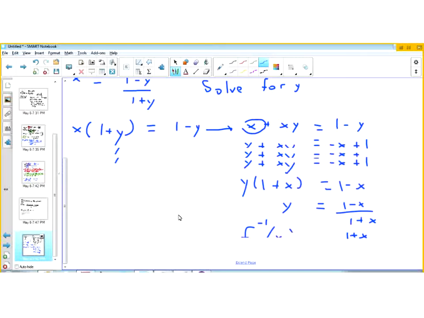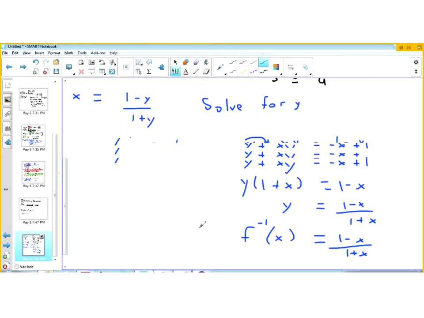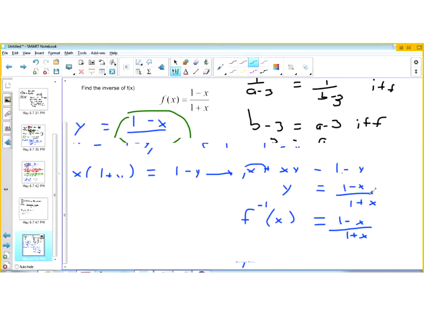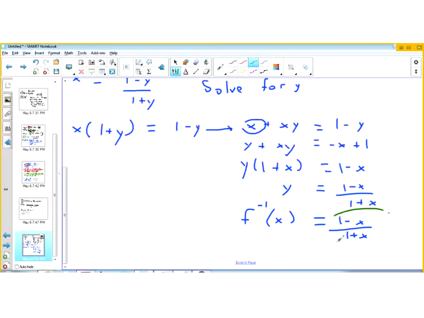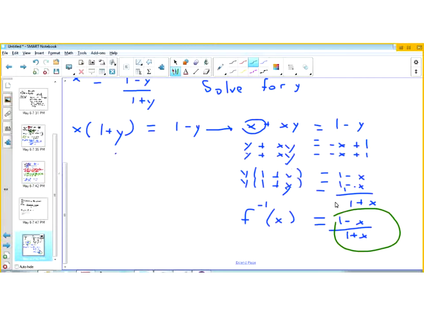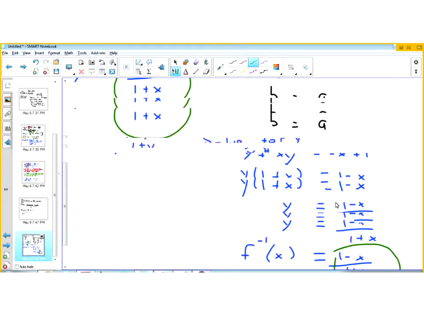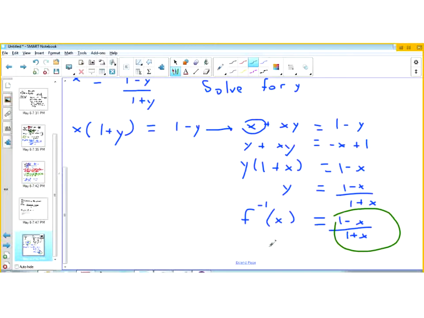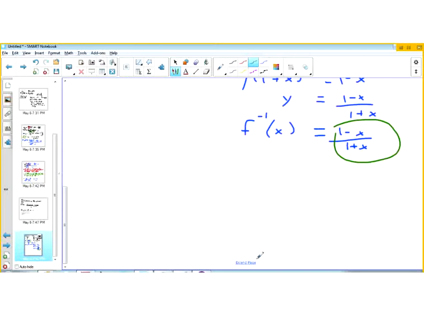Okay, now back to my comment. Here is our original function right here. And here is our inverse. They're the same, interestingly enough. This isn't always the case. It just so happened that I got lucky that the function and its inverse are the same function. As a matter of fact, that's comparatively rare when this happens.